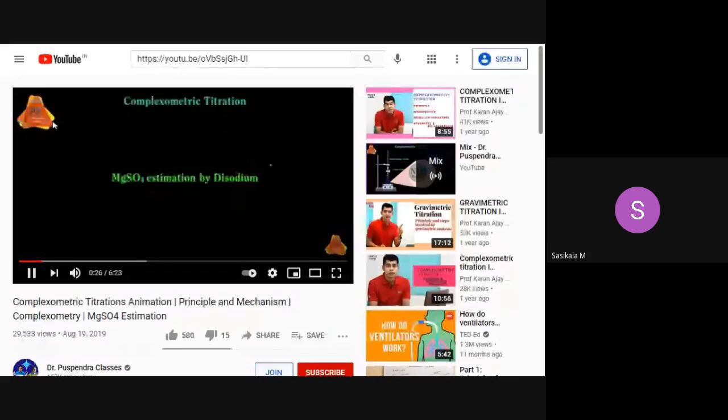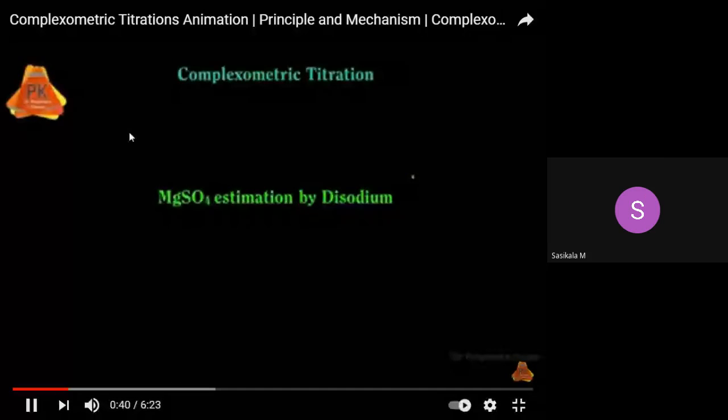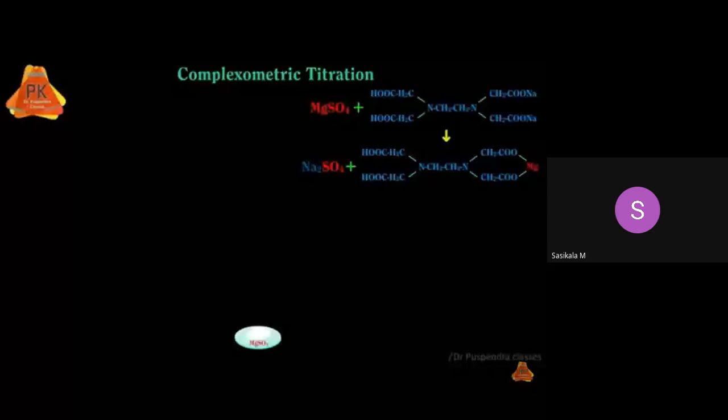Observe the reaction, magnesium sulfate estimation by disodium EDTA. Here is the reaction. Magnesium sulfate reacts with the disodium EDTA and it forms sodium sulfate and magnesium EDTA complex.